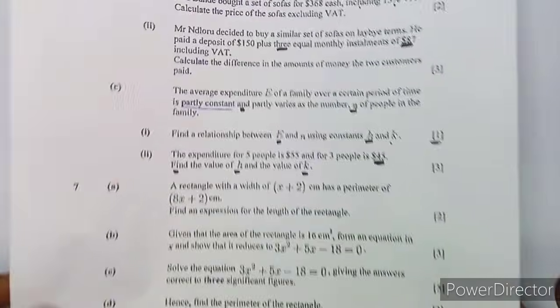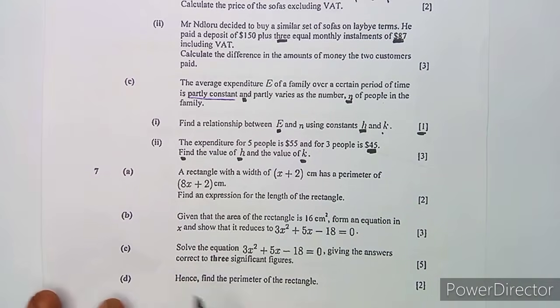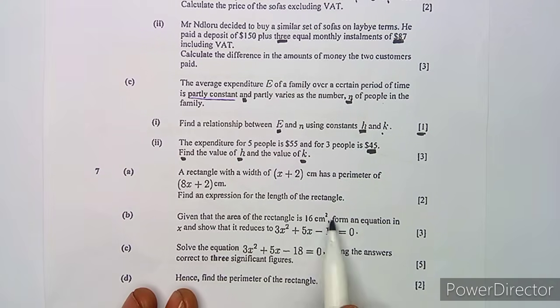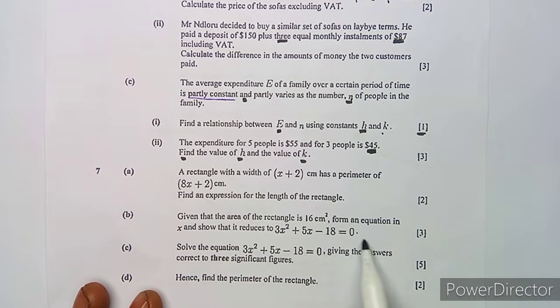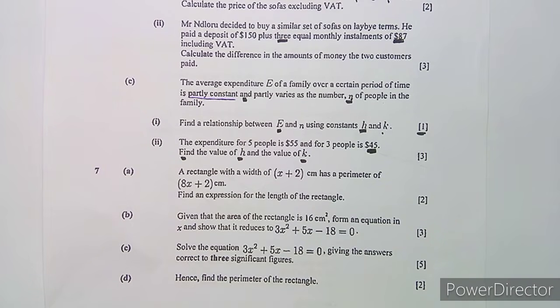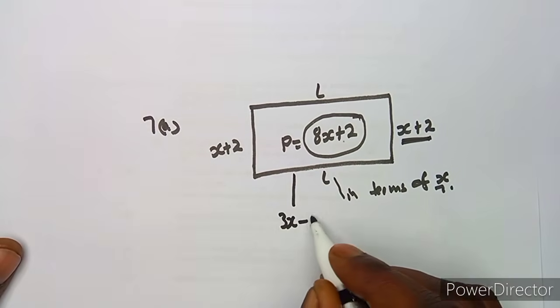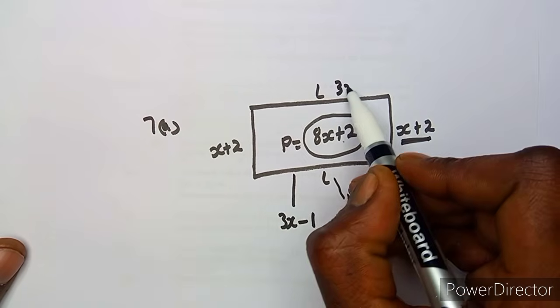That's the case. Okay, let's see another question that we are given. On B, given that the area is 16 square centimeters, form an equation in x and show that it reduces to the given expression. Okay, now they are referring to area. Take note, we have calculated our length and we obtained 3x minus 1. That is our length here.